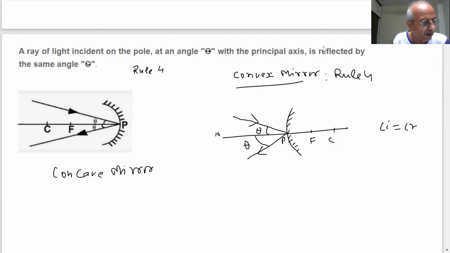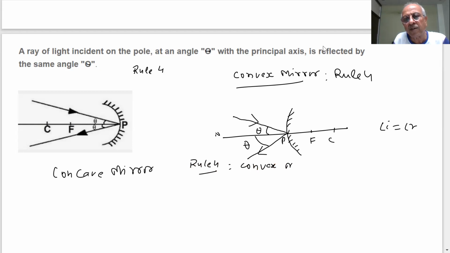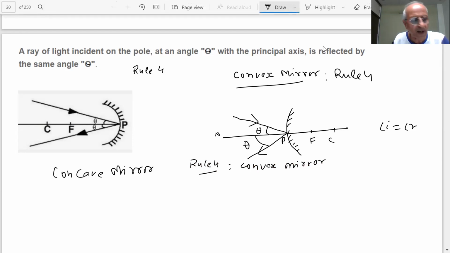What will happen if a ray of light is incident obliquely? What is the rule 4 I'm using for the convex mirror, students? Convex mirror.